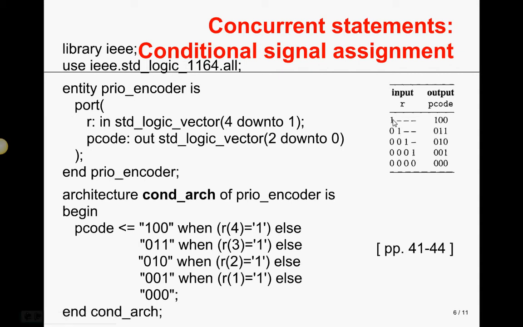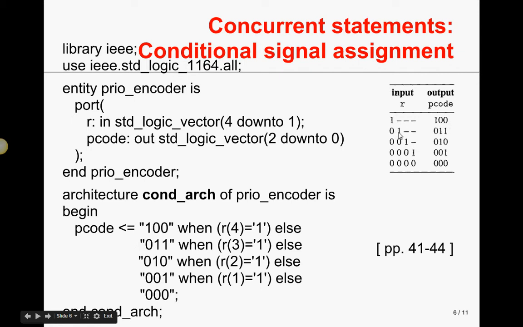So we will have input 4, input 3, input 2, and input 1, and the output will be the binary code indicating the highest priority input that is active. So in the case of input 4 being at 1, then the output code will be 100, which is 4 in binary.